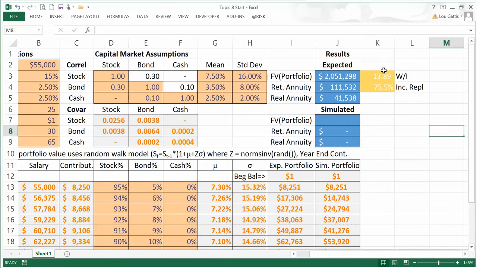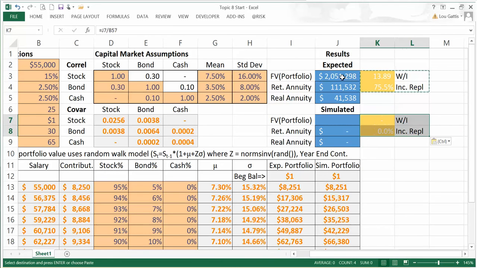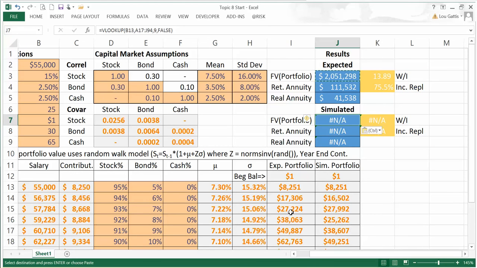Let me copy these ratios down here. I'm going to set up a lookup here. I have a lookup here that grabs what's in column 9, and I'm going to get a similar lookup. I'll just change this a little bit, looking for age 65 in this area, and grab what is in column 10.